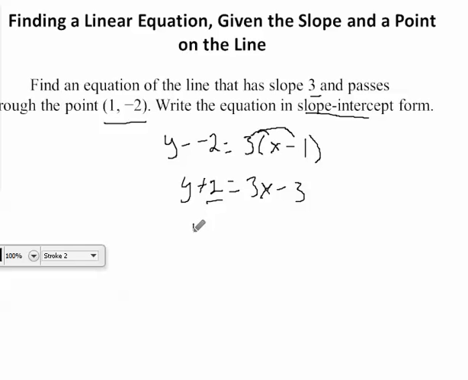So I'm going to say y is equal to 3x minus 5. Why? Because I subtracted 2. Negative 3 minus 2 is negative 5. And I've got it in slope-intercept form. So I took what they gave me, the point and the slope, and I wrote it in point slope, and then converted it to slope-intercept.